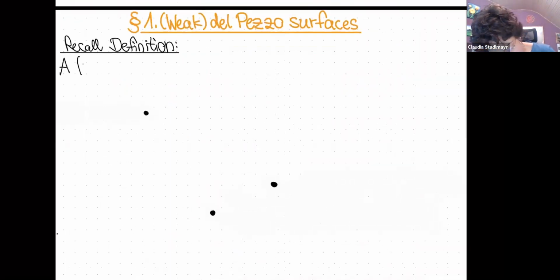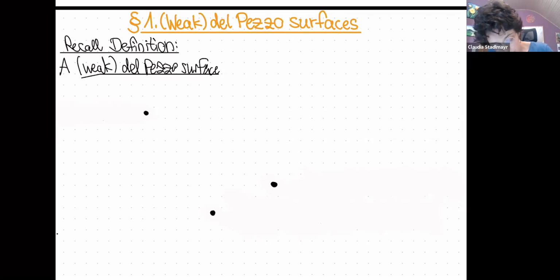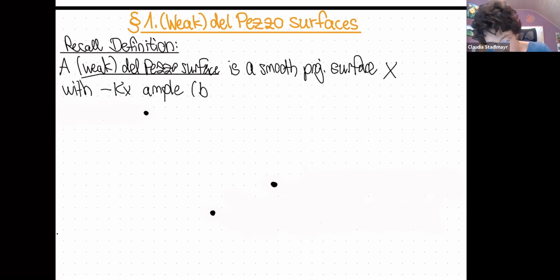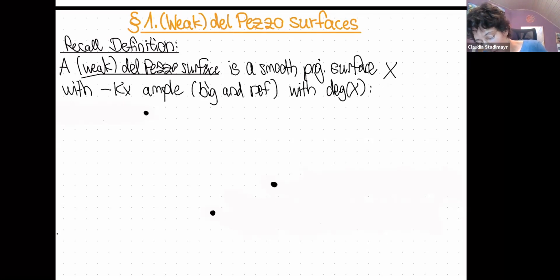So a weak or honest del Pezzo surface is a smooth projective surface, we call it X, with anticanonical sheaf ample, if we're speaking of honest del Pezzo surfaces, or just big and nef for weak del Pezzo surfaces. And we call the degree of X the self-intersection of the canonical sheaf KX.